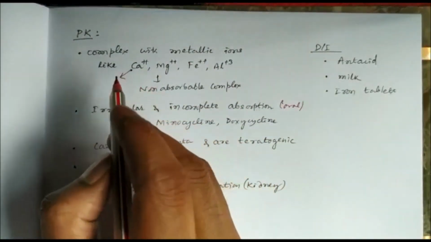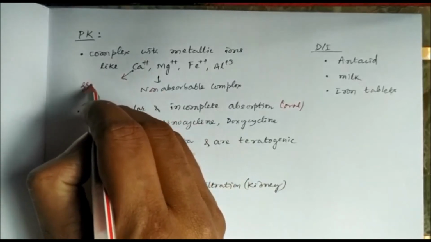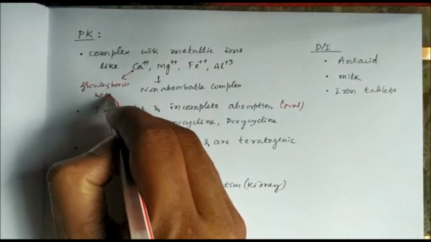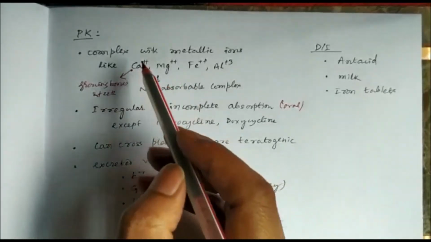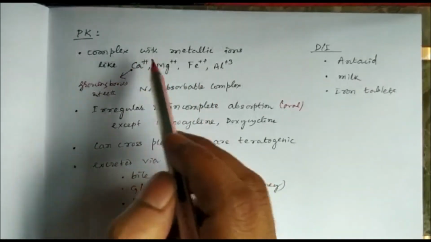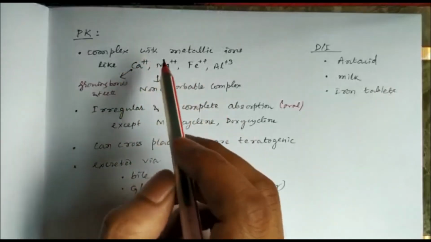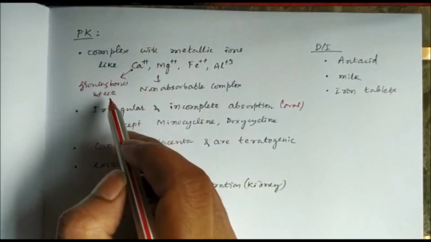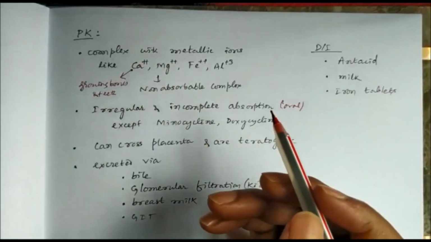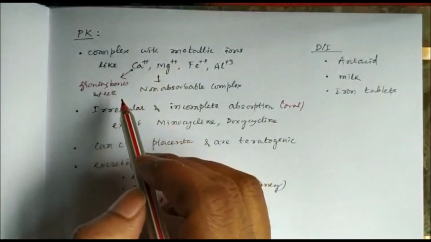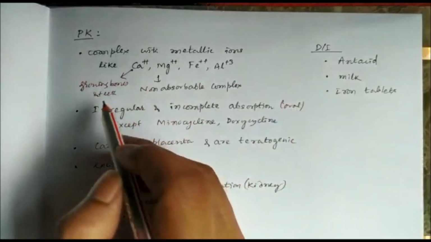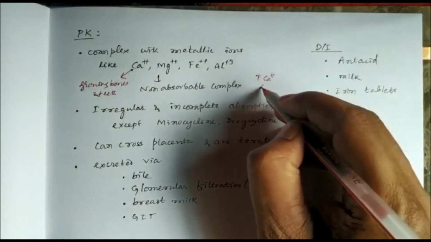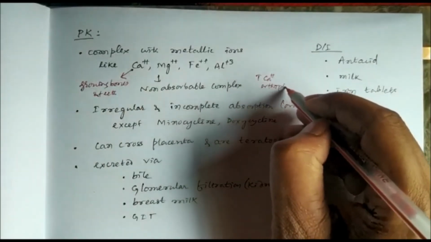These calcium chelates can get deposited in growing bones and teeth. So in children, the non-absorbable complex with calcium, the chelates, can get deposited in the growing bones and teeth in the form of tetracycline calcium orthophosphate. So that gets deposited.